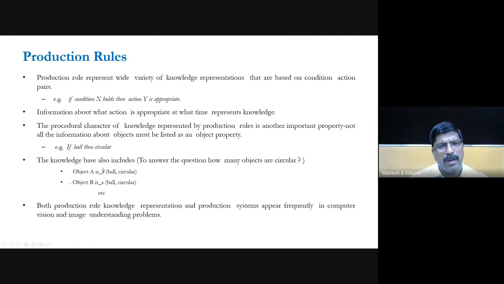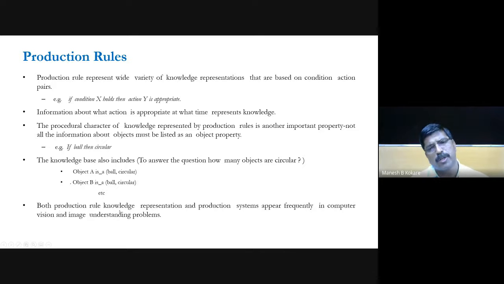If this condition holds, then you can predict whether this ball is object A or object B, depending upon its diameter and so on. That is how production rules work.